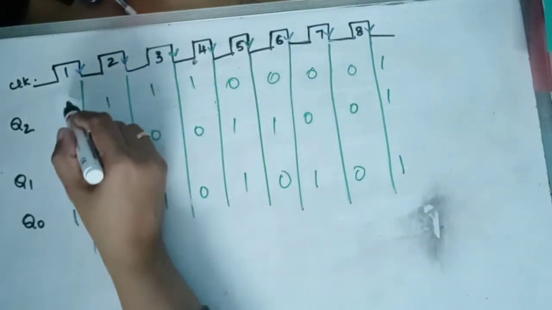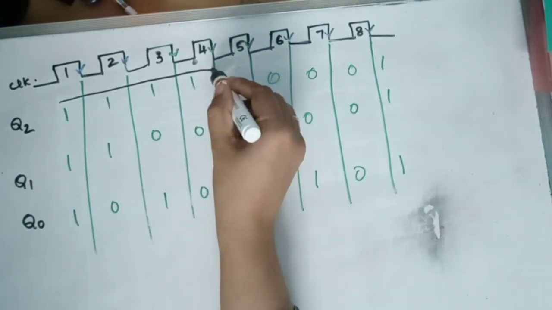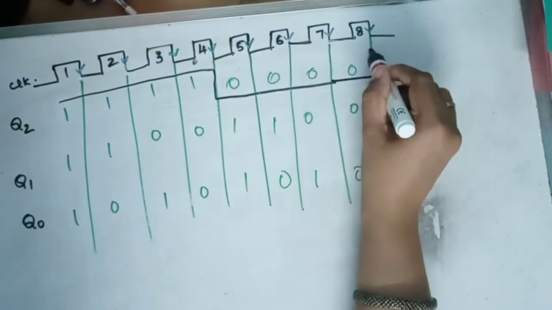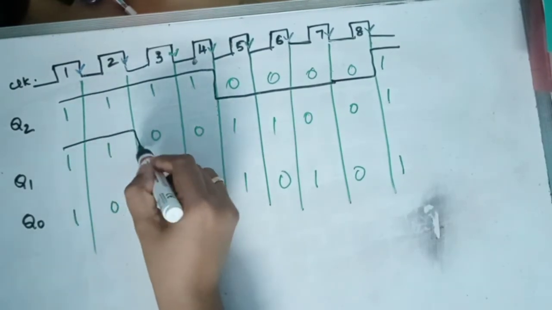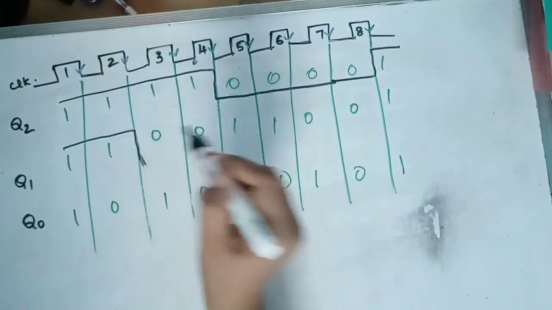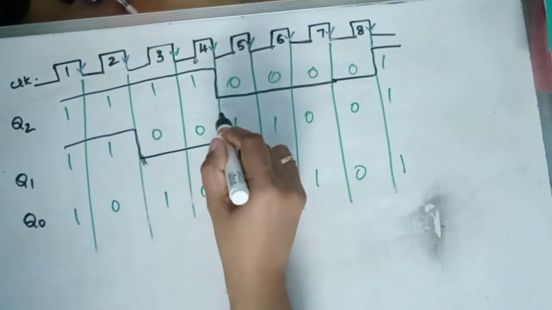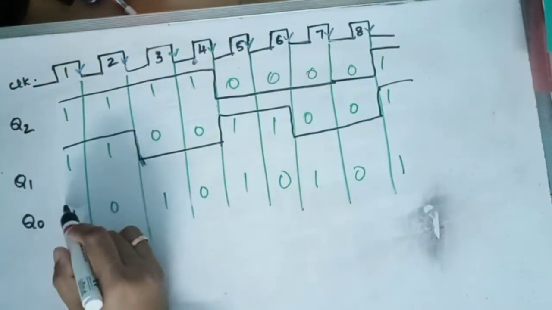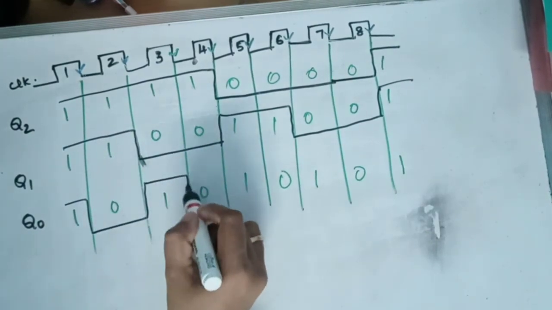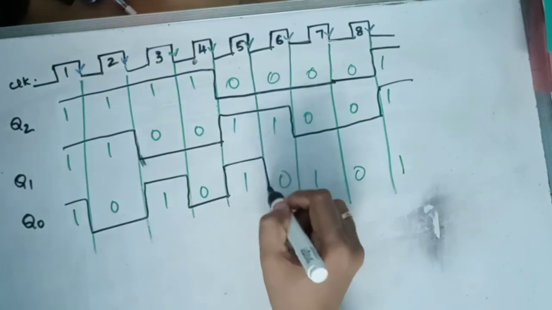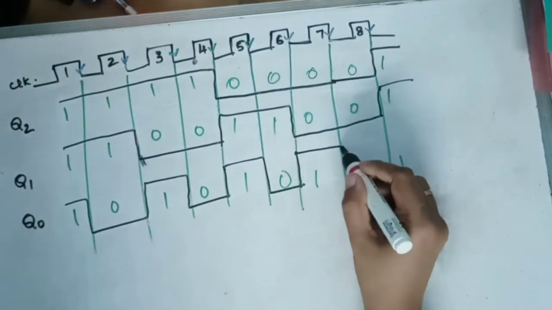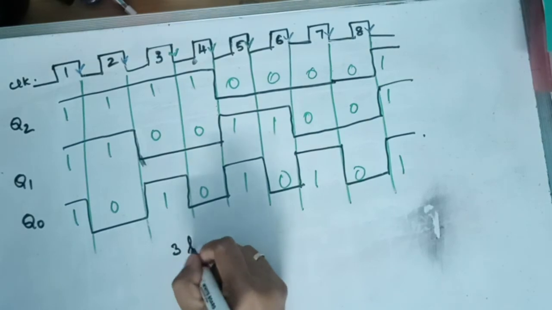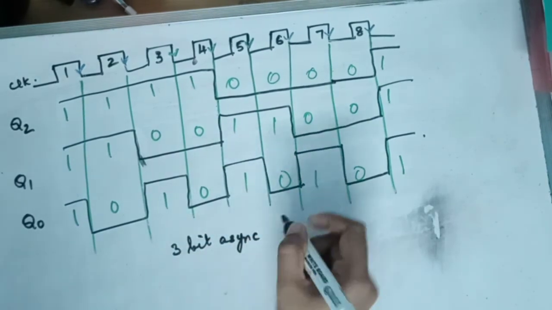So this is the timing diagram of a 3-bit asynchronous down counter.